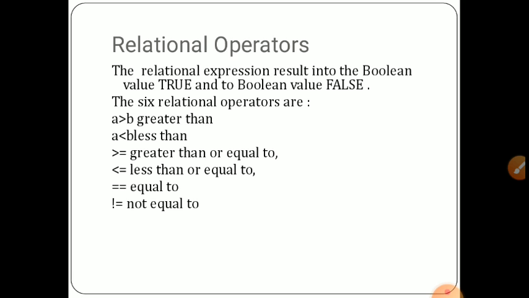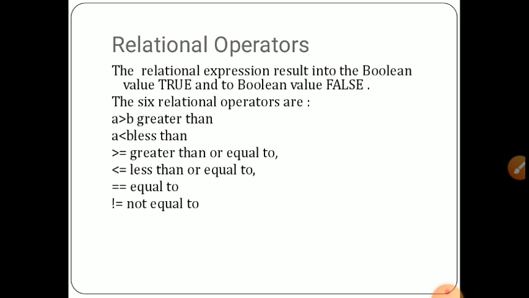And today I am showing the relational operators. What are relational operators? Relational operators or relational expressions result in two boolean values, and the result is only true or false. If we perform relational operations between two operands, we get the result only in the form of true and false.